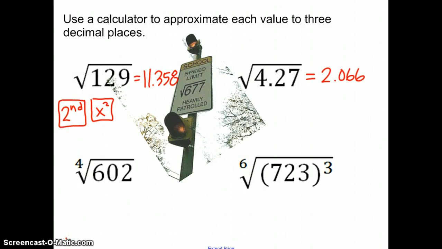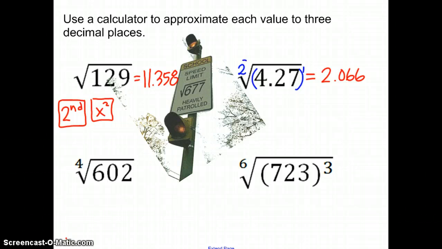Not too tough. There is another way to write these though, and it comes back to that understanding that there's a 2 out in front. So if we're looking at square root of 4.27, we know that the index is actually a 2. And we know that 4.27 is actually to the first power.